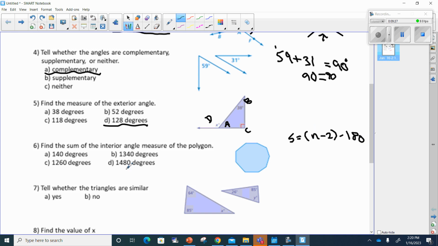Starting from the bottom, the number of sides is 1, 2, 3, 4, 5, 6, 7, 8, 9. So this is 9 minus 2, which is 7. Now I have to take 7 times 180.